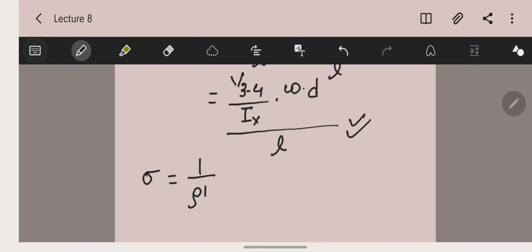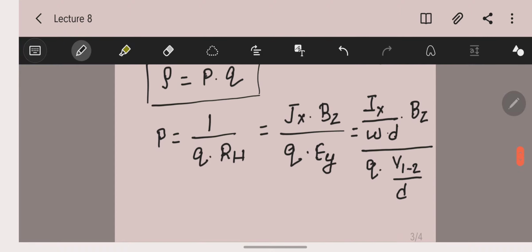Now further, we have determined which type of specimen it is based on the polarity of the voltage induced. If it is positive, it is a P type semiconductor. If it is negative, either the specimen is N type or the specimen is metal. We have also seen the equation for the carrier concentration.